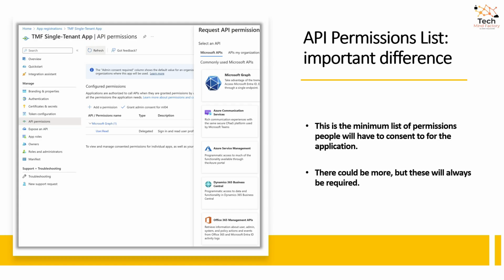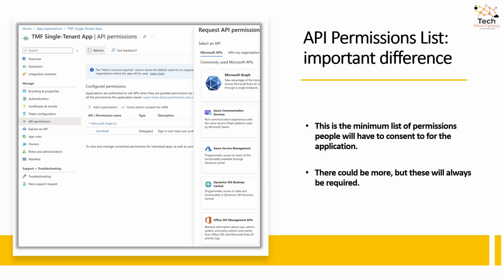But obviously, there could be more, but this will always be required, right? So it means that there can be more permissions, but what we see here, those permissions will always be required, right? So we know that the application will always use user.read to authenticate the user and read the profile, okay?